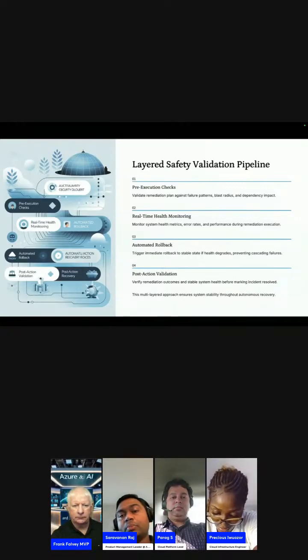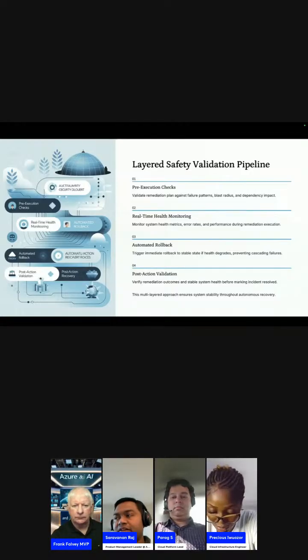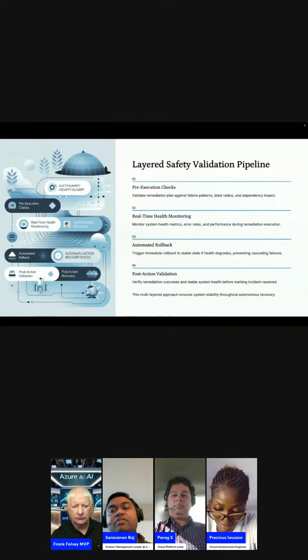The third one is automated rollback. This is where, if the AI system understands that there is a health degradation, rather than letting a cascading failure happen, it acts. If there is an issue with the cloud net, then the compute goes down. Cloud net is the networking layer. If cloud net fails, then you don't have connectivity to the compute, and the storage goes down.